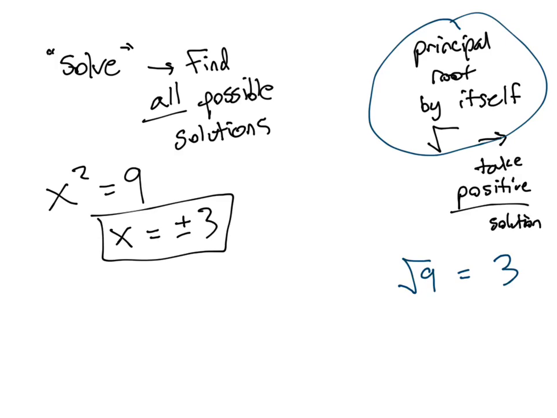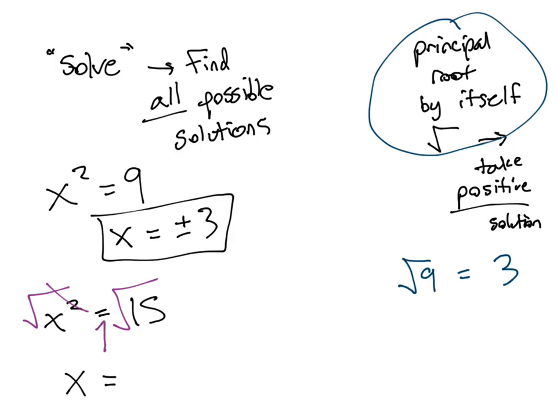Now 9 is a perfect square, meaning there is an integer, a whole number, that we can multiply times itself to get 9. But we can also take square roots of values that are not perfect squares. Like if I wanted to solve the equation x squared equals 15, we can use the principal root function to cancel out this square, and x would equal the square root of 15.